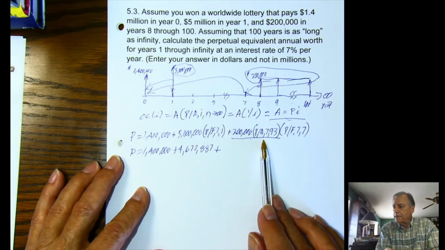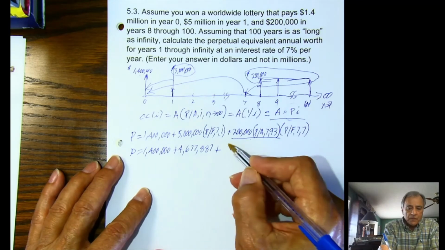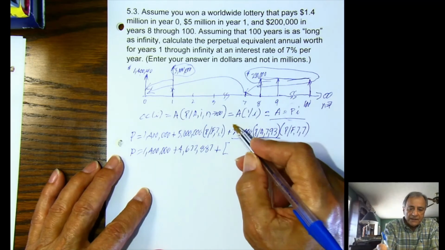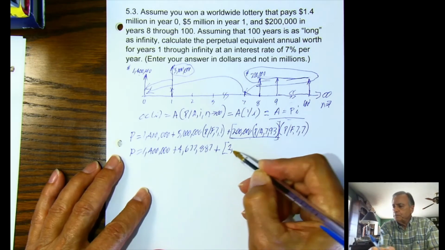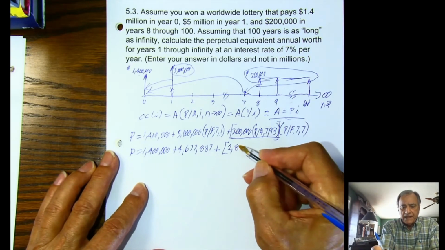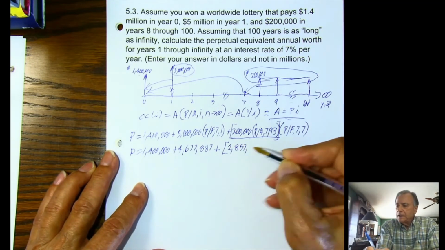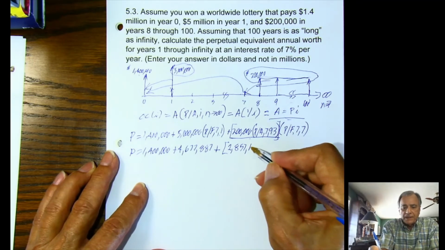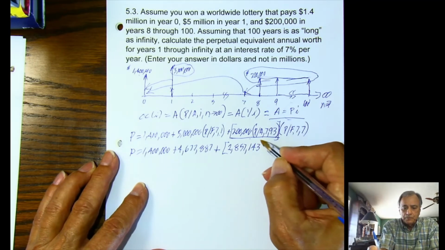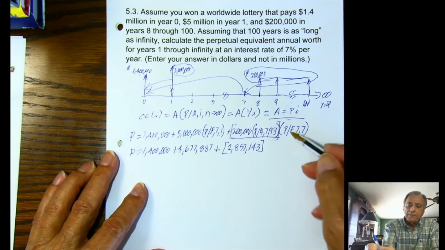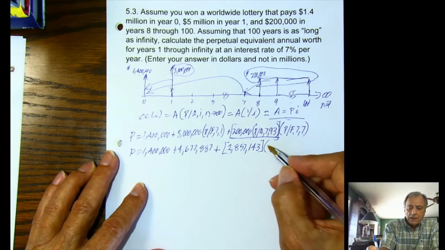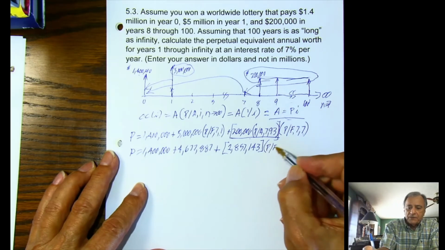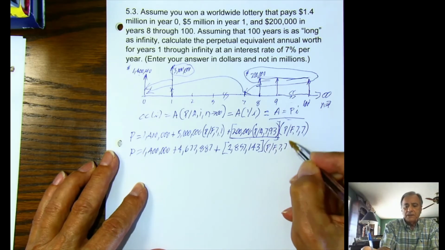That number turns out to be $2,857,143. Now I have to bring that back 7 years because it's not at time 0. That'll be P given F, 7%, 7 years.